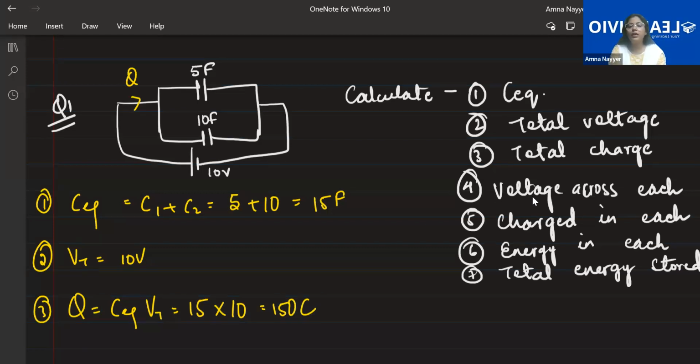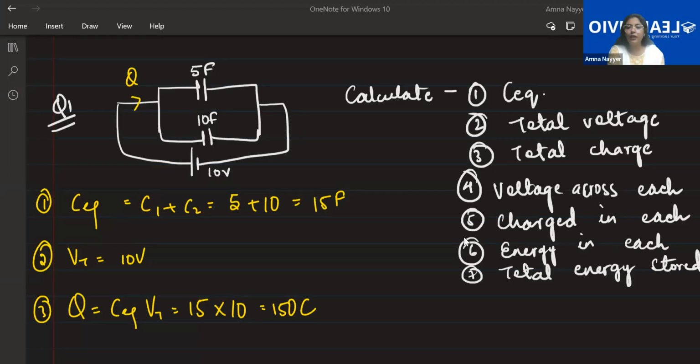Fourth part says voltage across each. Can anyone tell me what should be the answer of this voltage across each? First of all, all of you open the camera. In the class, you have to open the camera. And second answer for the total voltage, what do you think is the value? Total voltage, it's 10 volt.